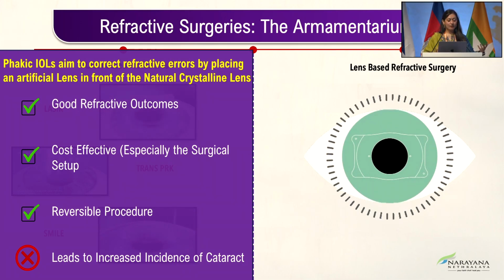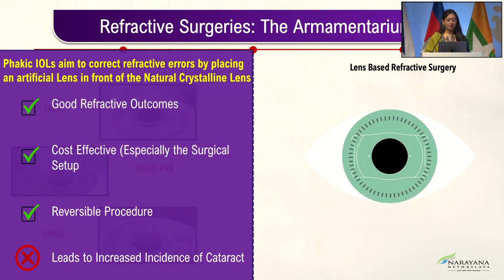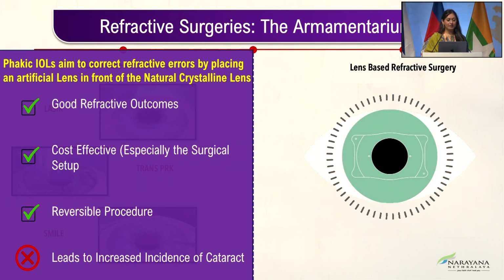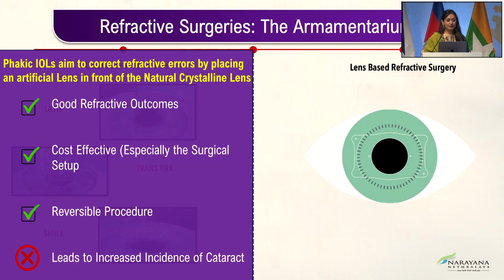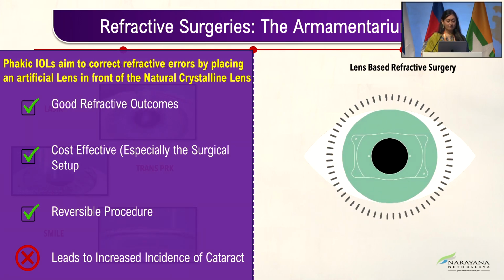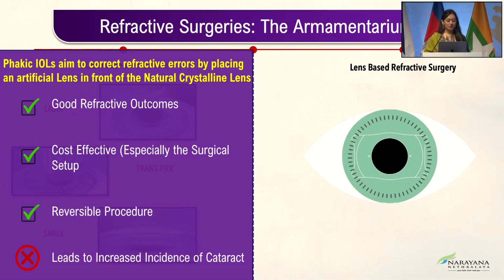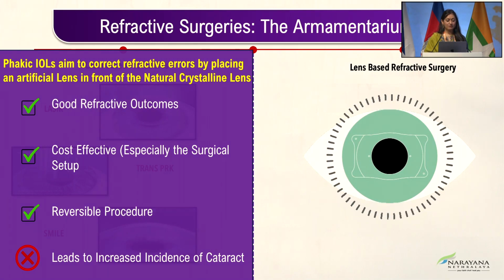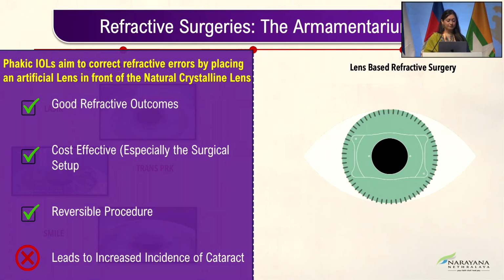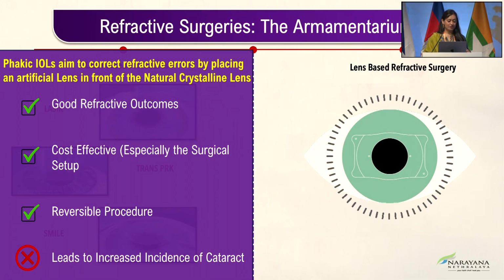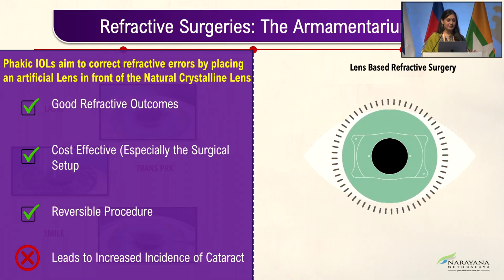So it hardly requires anything more. It's just a tomographer and maybe a digital caliper, but we can do most of the stuff with our existing cataract practice, so it's cost effective. Let's say tomorrow the patient is not happy with the lens-based refractive surgery. It's a reversible procedure. But the biggest challenge here, of course, is that it leads to increased incidence of cataract.